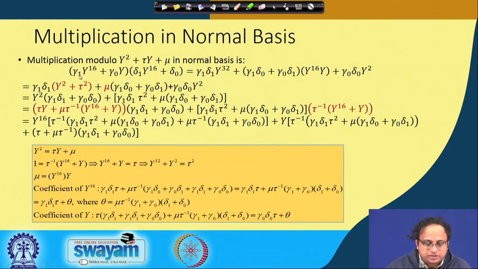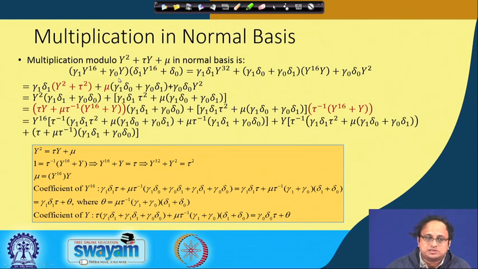For example, let me consider two elements in the field GF(2^4)^2. Note that one of the elements is gamma 1 y power of 16 plus gamma 0 y. Note how we have represented the element. Unlike the polynomial basis representation, here y power of 16 and y are my basis, so I have to express it in that basis.